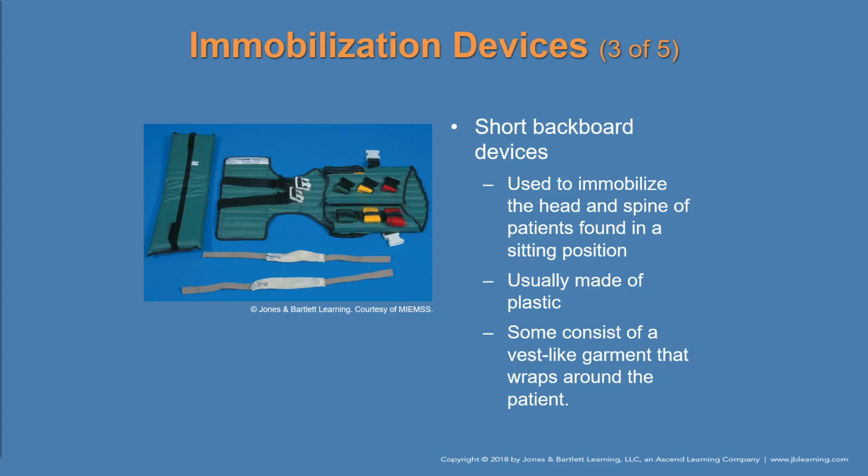Now, something else you may run into that's no longer used is these short backboard devices. Some of the brand names are the KED, or Kendrick Extrication Device. There's also the Oregon Spine Splint, and they are very similar, and they are completely unused because, again, this is not something that has a proven benefit in the context that we started using it.